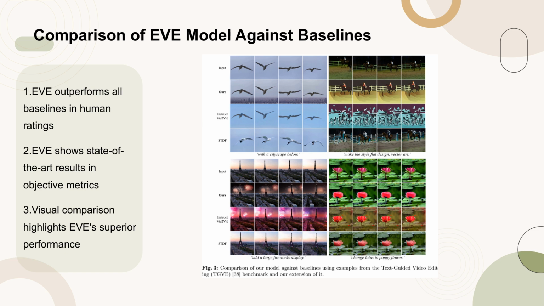Notably, EVE achieves state-of-the-art results across various metrics, demonstrating its effectiveness in text-based video editing tasks. The visual examples highlight the model's ability to produce high-quality, temporally consistent video edits that align closely with the input text instructions. This visual comparison underscores EVE's significant advancements over existing methods in the field of video editing.